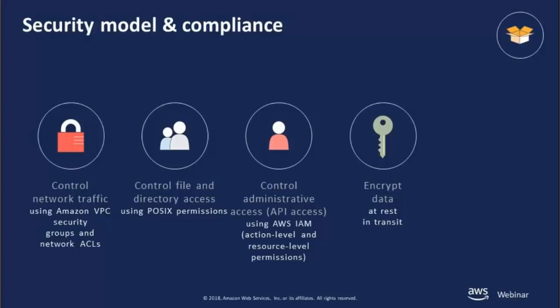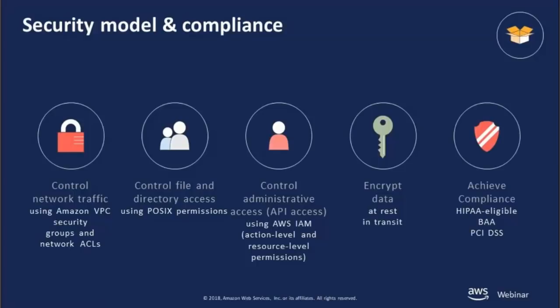So in terms of encryption, we do offer encryption of data at rest and in transit. A file system, when you create it, can be created with encryption of data at rest, as well as individual clients can enable encryption of data in transit, and that is done at the individual client level when you mount the file system.